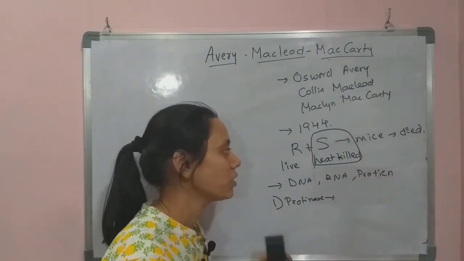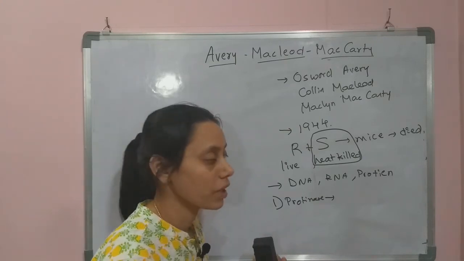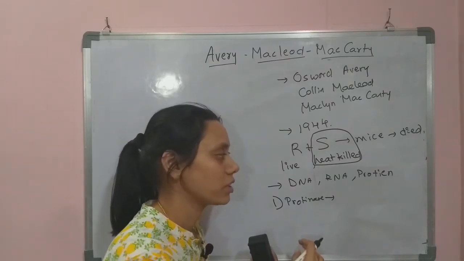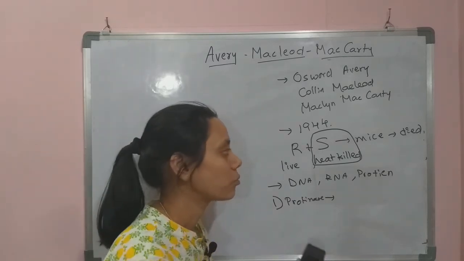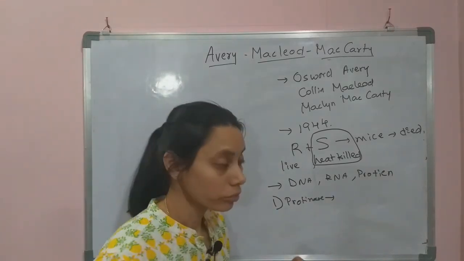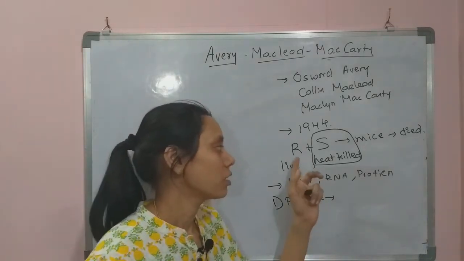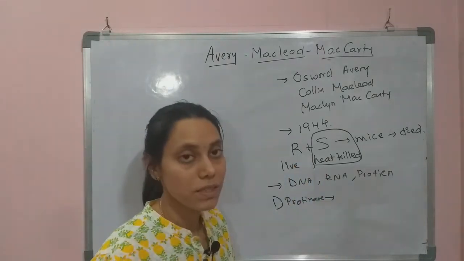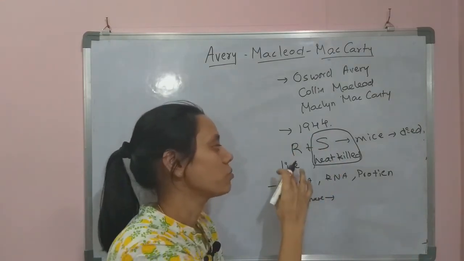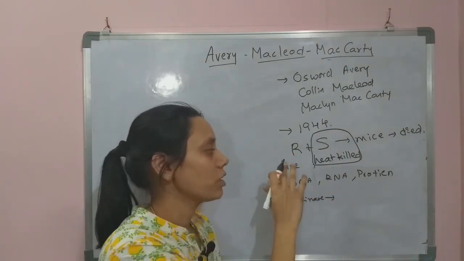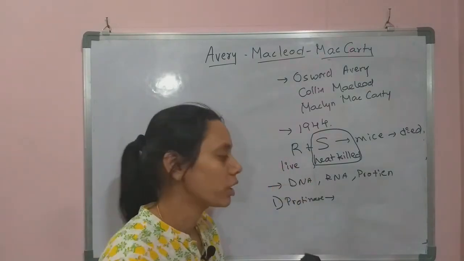That means even when the smooth strain is killed and treated with protein-degrading enzymes like chymotrypsin or trypsin, the mice are still infected with the R strain and die. That means the transforming principle responsible for the change of the R strain is not protein.